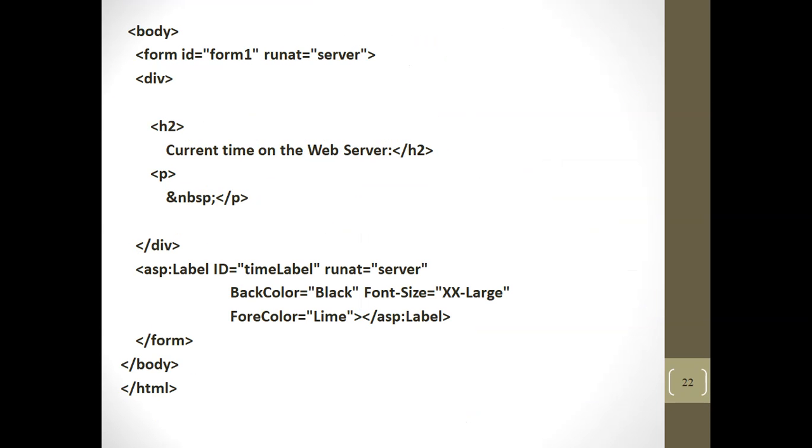Again see the same slide: form id form1, inside heading 1, inside division. Inside the division we have heading 2, and we have written current time on web server, heading is closed, paragraph started. There is no blank space after it, and the division is closed here. NBSP is a non-breaking space character, and the division is closed here.